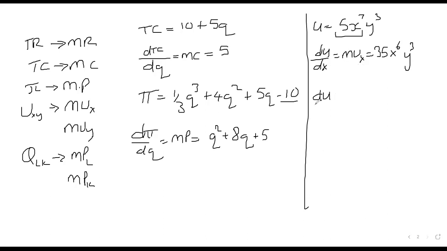All right. Then if you want to try to do du over dy, it is the marginal utility of y. Our dummy is which letter? We're interested in the y, so x7 is our dummy. So you differentiate what remains, 5y3. You just multiply 3 times 5, which is 15.